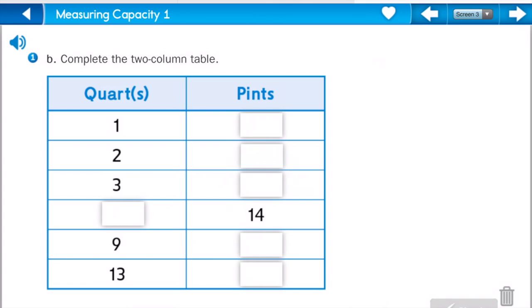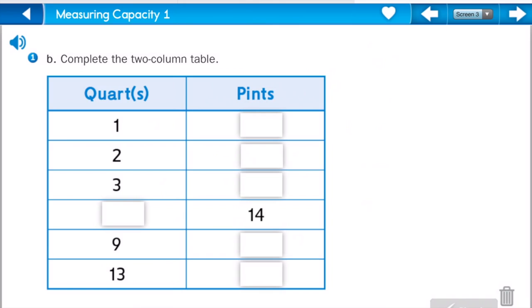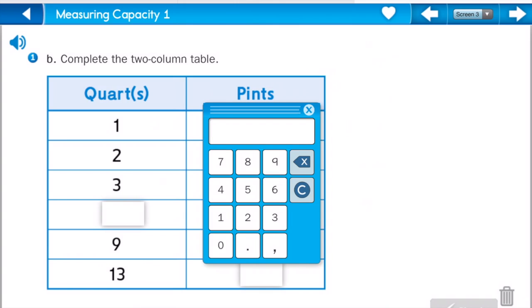All right, so now we're going to do quarts and pints. So let's go back and look at our first screen and see how many is for quart. How many P's are there? Yeah, there's 2. So 1 quart is 2 pints.